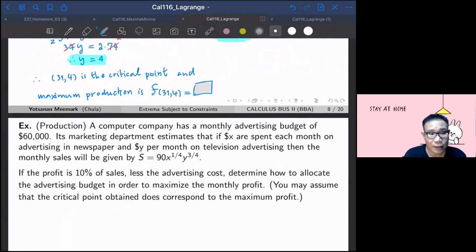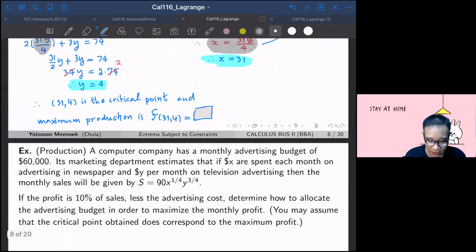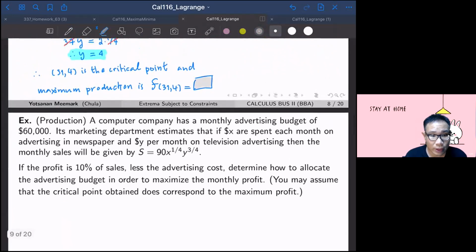The second one, again about the production function. We have a computer company with an advertising budget of 60,000. Its marketing department estimates that if x dollars are spent each month on advertising in newspaper and y dollars per month on television advertising, then the monthly sale will be given by S equal to 90 times x to the 1/4, y to the 3/4.